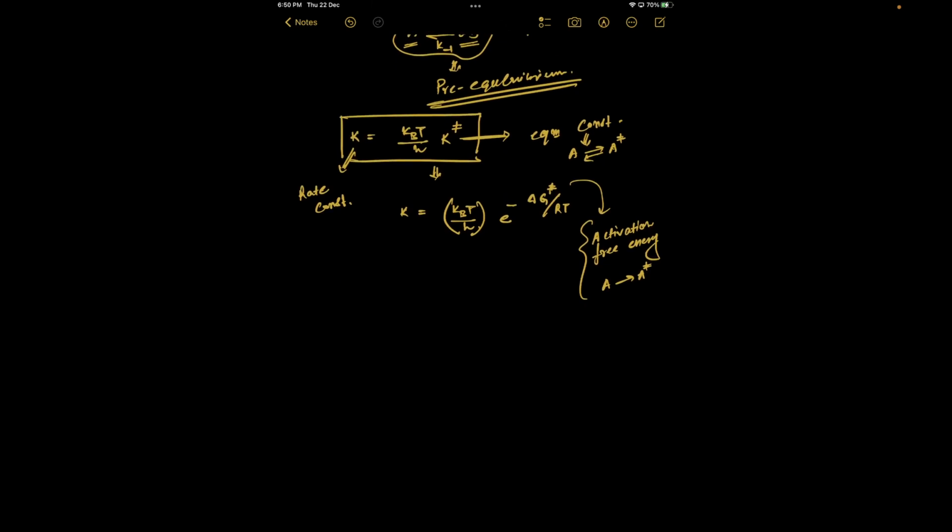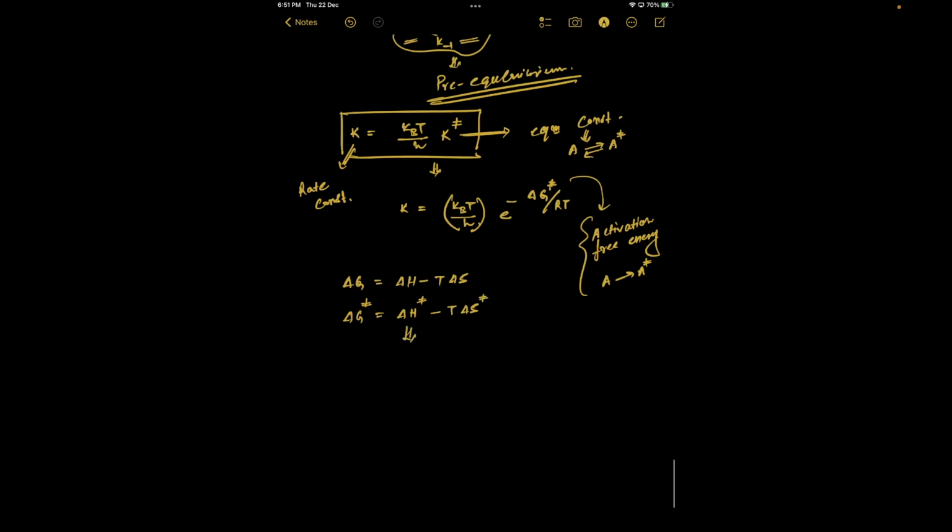Now from thermodynamics we know that delta G equals delta H minus T delta S, right? So delta G double dagger will be delta H double dagger minus T delta S double dagger. So this is the enthalpy of activation, and this is the entropy of activation.